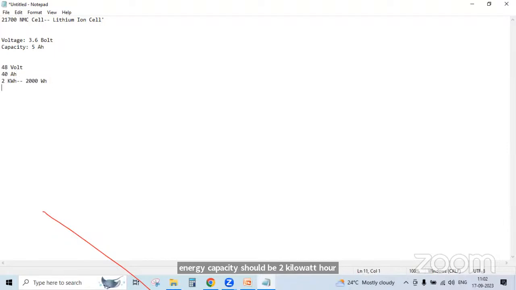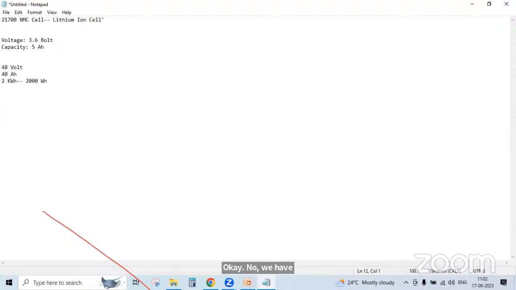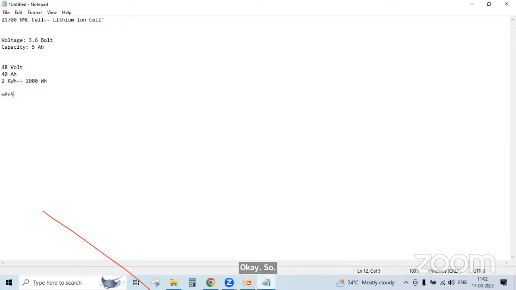On the basis of this, we have to calculate the number of cells in parallel and the number of cells in series. Usually we denote these as nP and nS, where m number of cells will be in parallel and n number of cells will be in series.